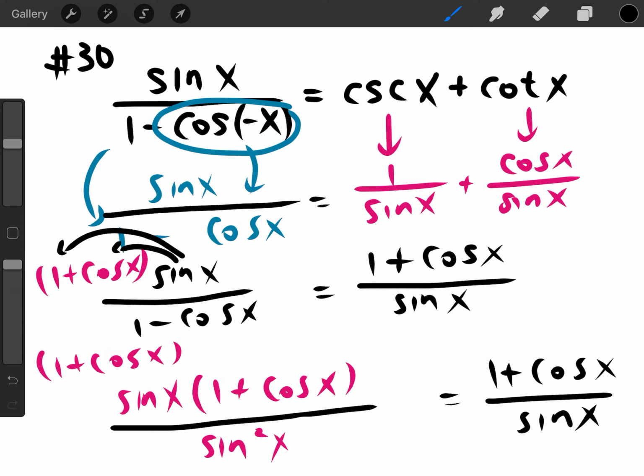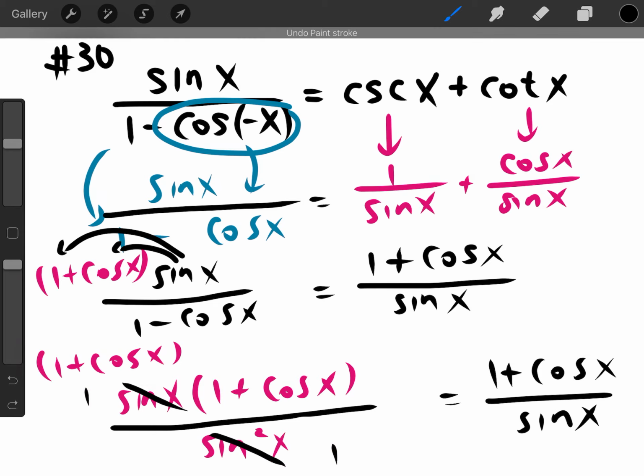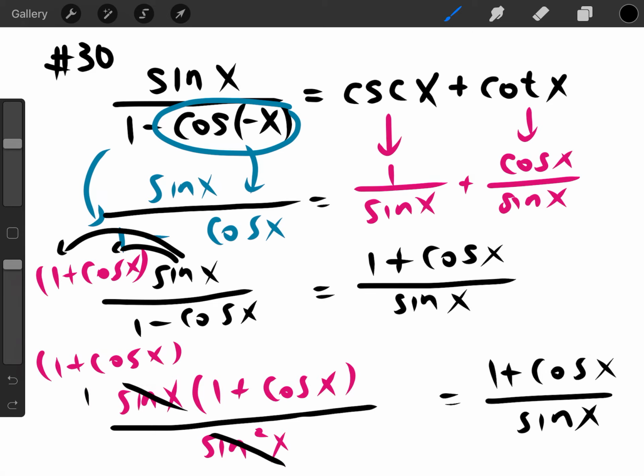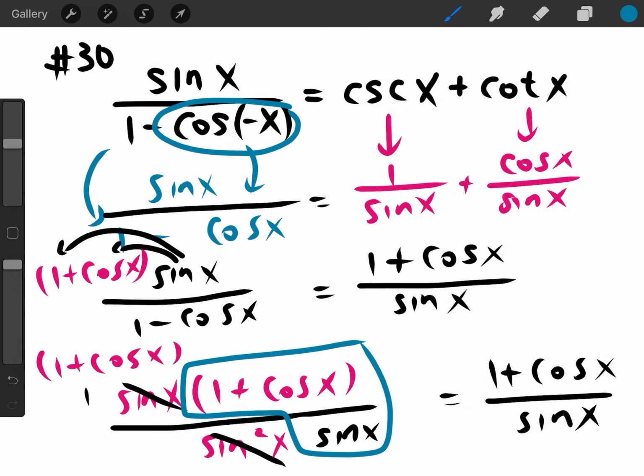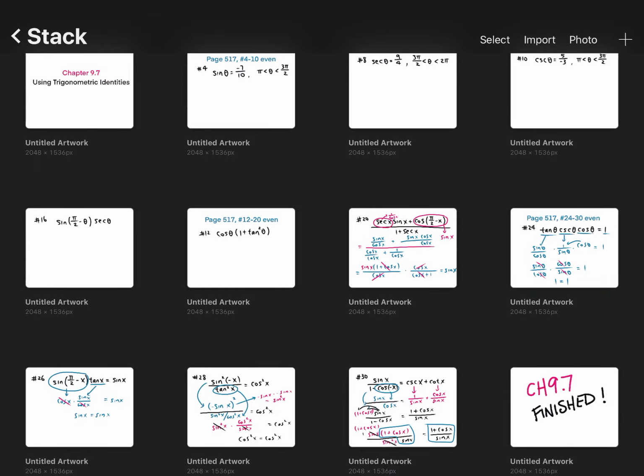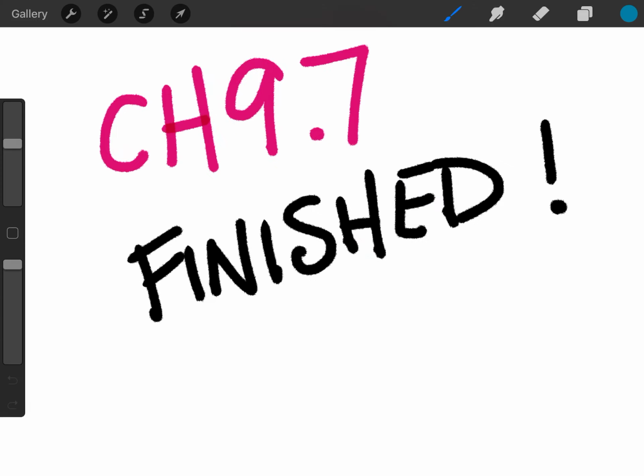Is that going to equal the right hand side, the right expression? If you look at it, yes, it will. Sine x cancels with the sine x from sine square x. So this is going to leave you with sine x on the bottom. Now if you look at it, they are equal to each other.